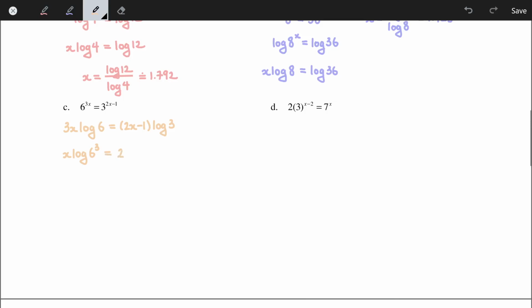So we have 2x log 3 minus log 3, just like so. And from here, what we can do is evaluate 6 cubed on the left-hand side. So 6 cubed, of course, is 216. And on the right-hand side, we can move the 2 to be the exponent on the 3, so 3 squared is what we have, then minus log 3 still.